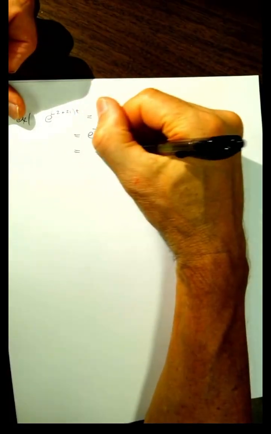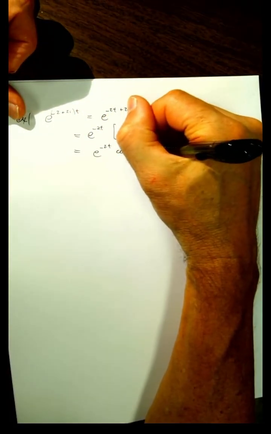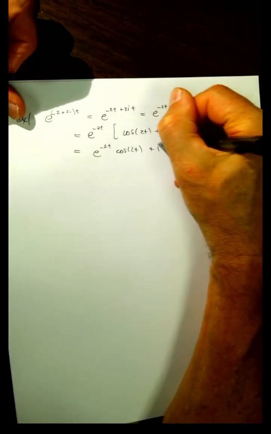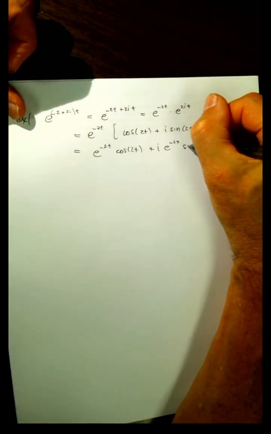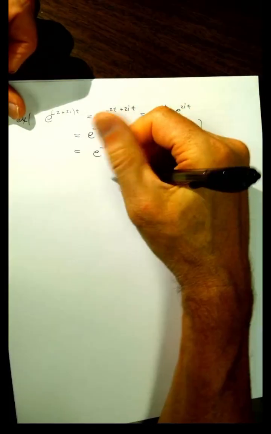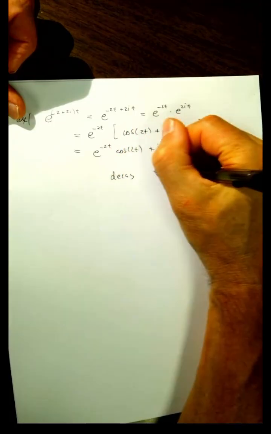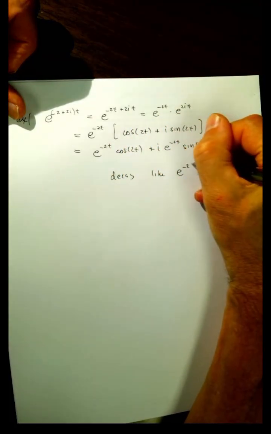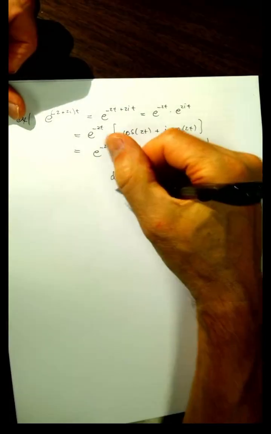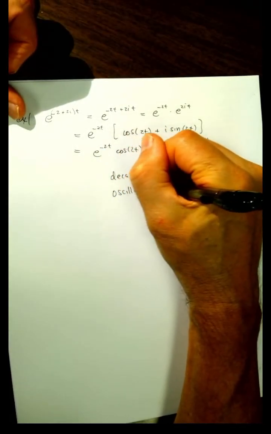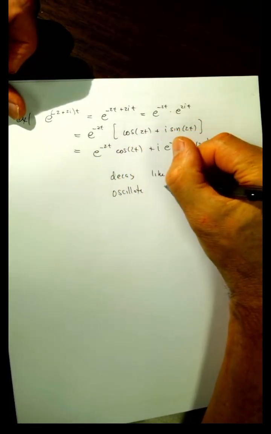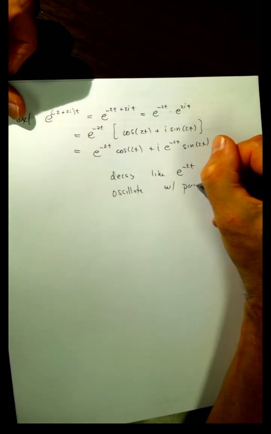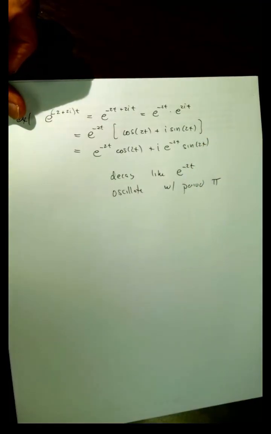And I can multiply that through. And what does this have? So this is going to decay, because e to the minus 2t decays. And it's going to oscillate with a period of pi. How do I get that?